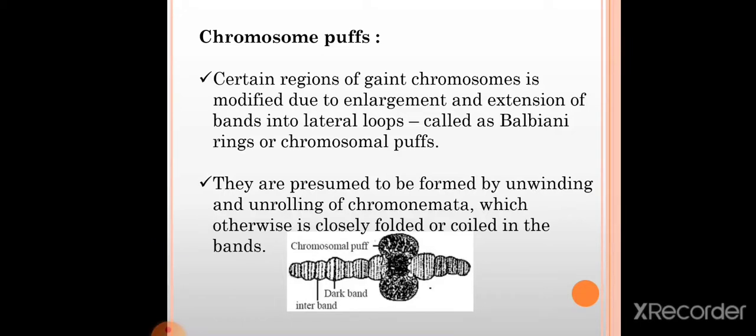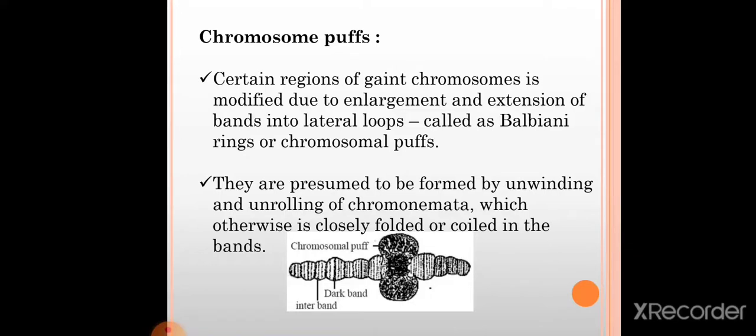Certain regions of the Polytene chromosome are modified due to enlargement and extension of bands into lateral loops called Balbiani rings or the chromosomal puffs.